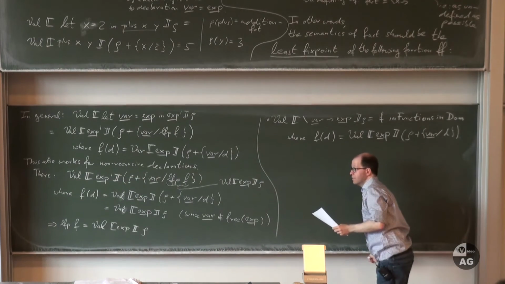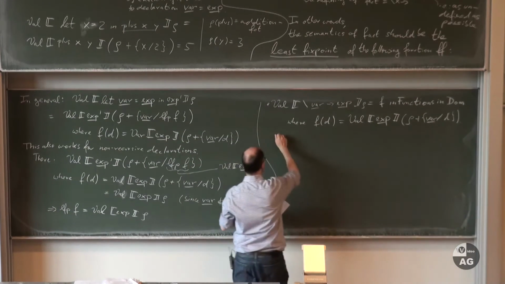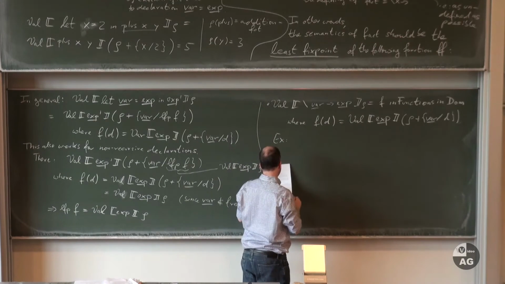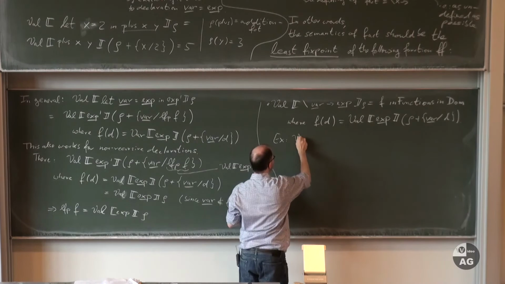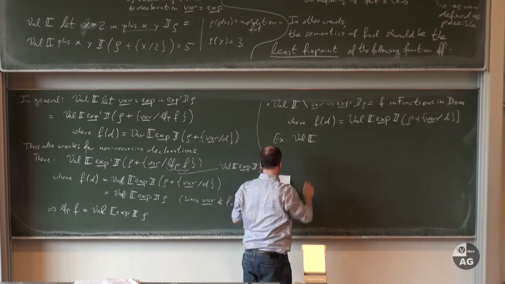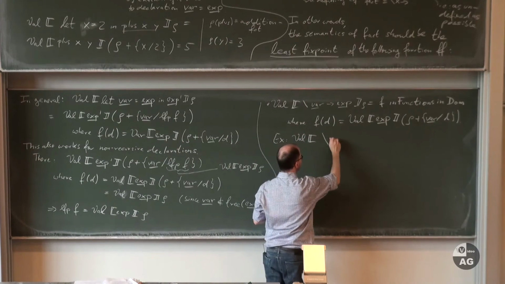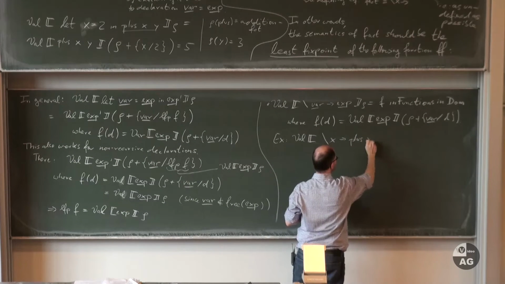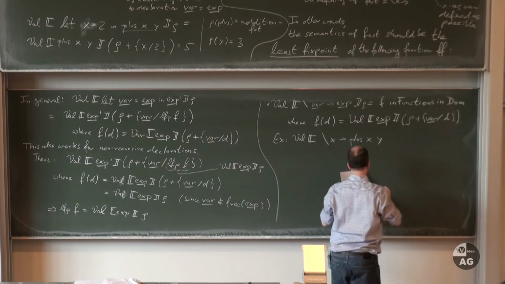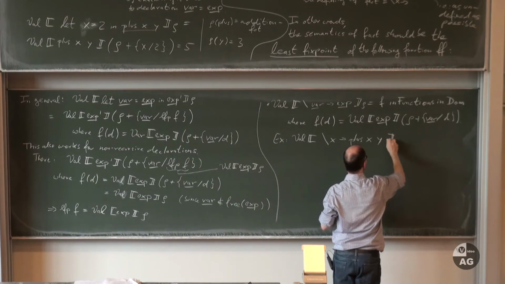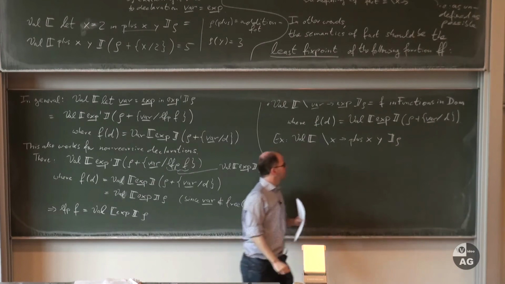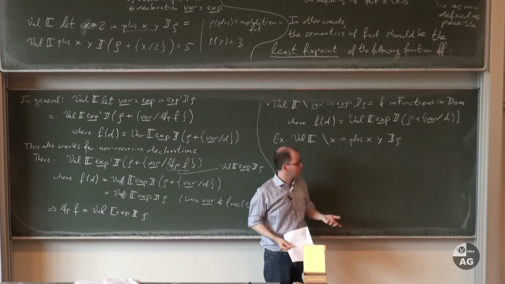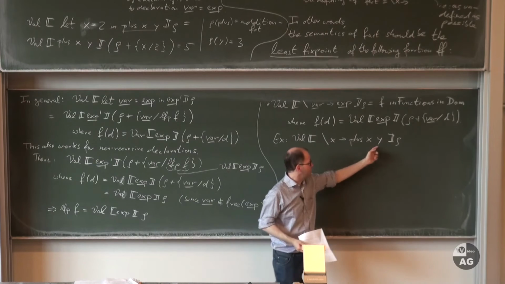So let's make an example. What happens if I want to find out what is the value of lambda x goes to plus x y in an environment rho? And let's say rho has to be defined on all three variables. So rho has to be defined on plus and on y.